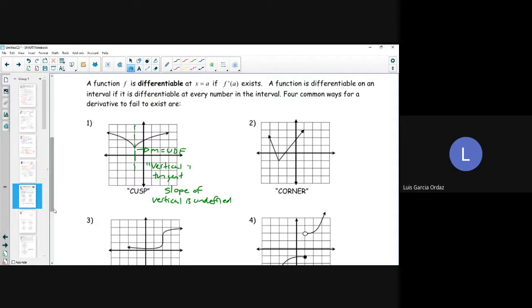So for number 2, why does the derivative not exist? Remember, to find the slope in calculus, we find the slopes of what? Straight lines or curves?